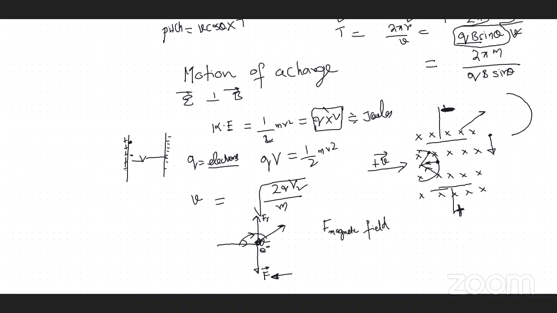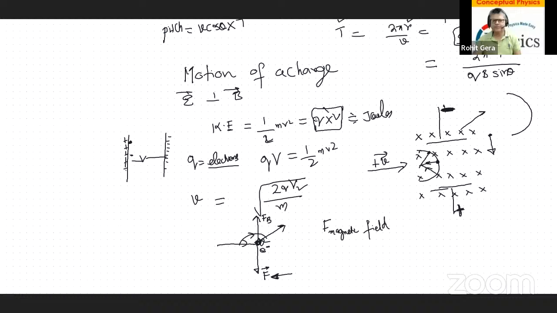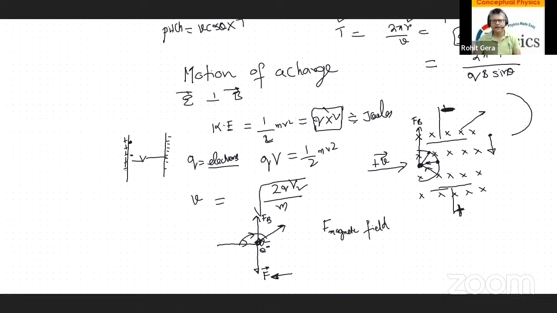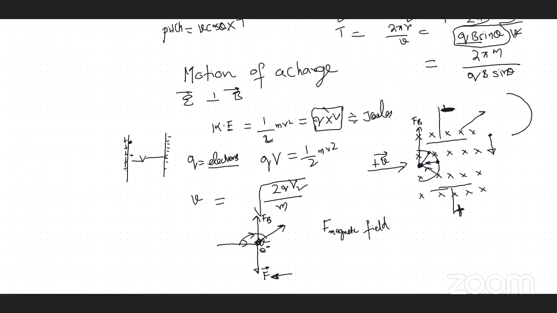So as soon as the electron enters, it experiences a magnetic field force, qvB sin 90. And the electric field, with the positive side on this side, an electron will like to go down.